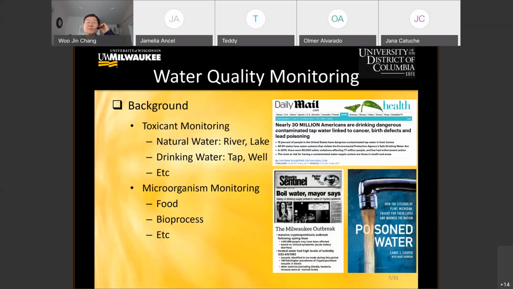And one problem in the current water quality monitoring system is that the detection is done at the site where the tap water is supplied. So the quality is tested at the water treatment facility.